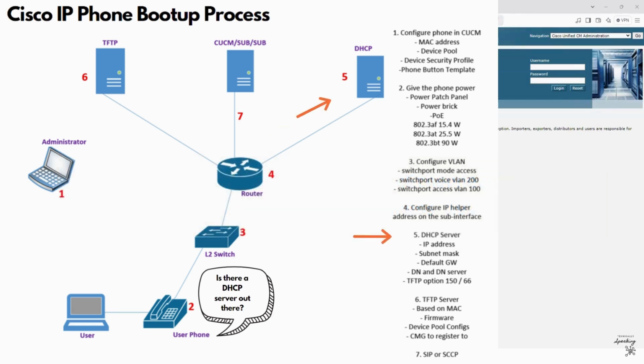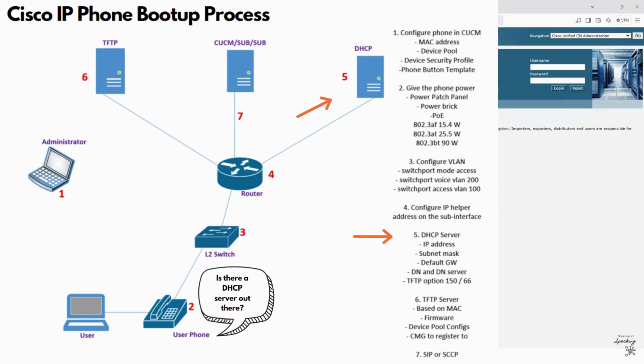All right, the DHCP server responds with an offer. The DHCP server receives the forwarded request and responds with a DHCP offer that includes the phone's IP address, subnet mask, default gateway, and other options like TFTP server option 150. Now, the phone selects that offer, sends a DHCP request to confirm, and the server replies with a DHCP acknowledgement.